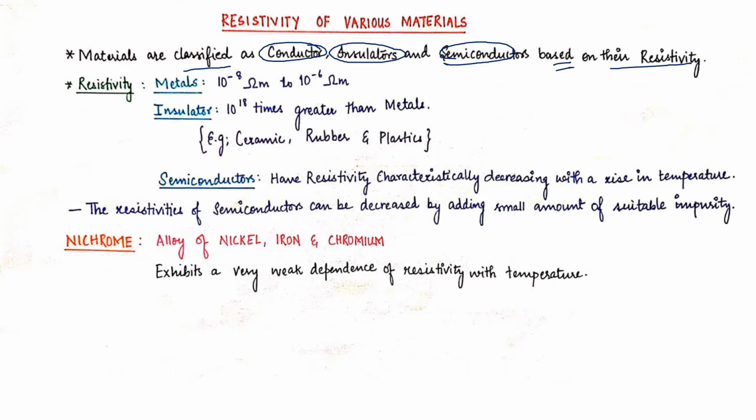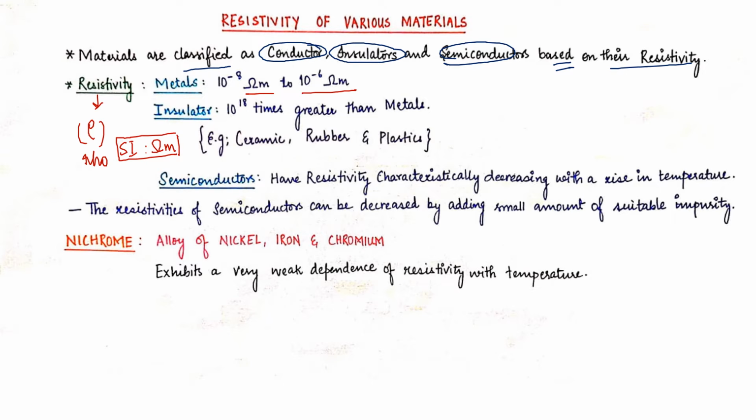The resistivity, denoted by the symbol rho, for metal is 10 to the power minus 8 ohm meter to 10 to the power minus 6 ohm meter. Ohm meter is the SI unit of resistivity.